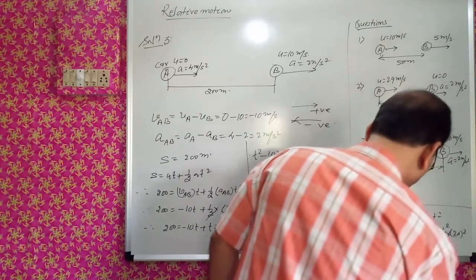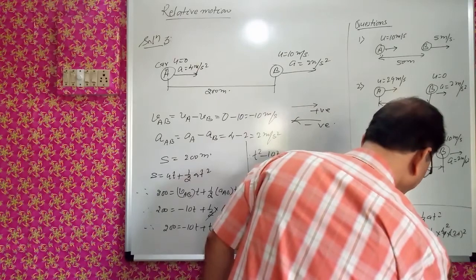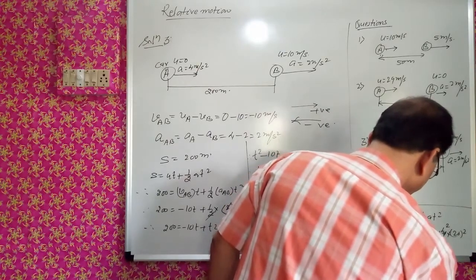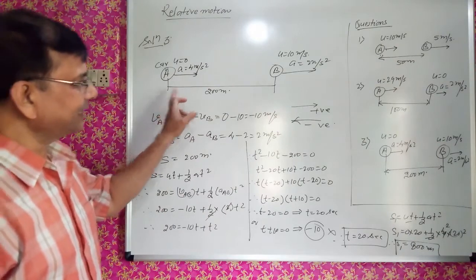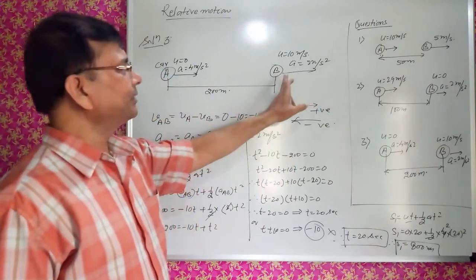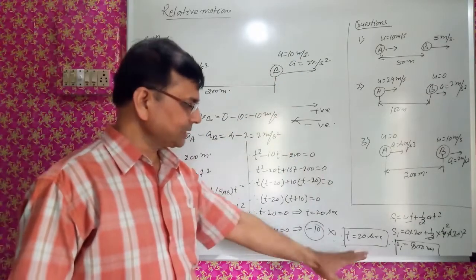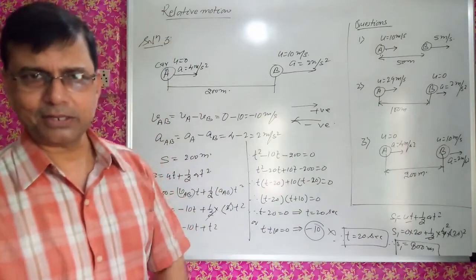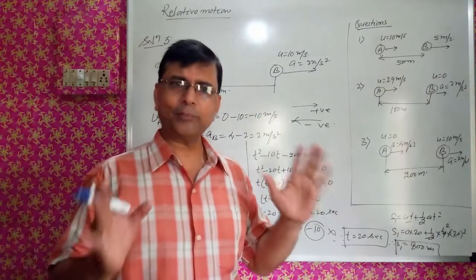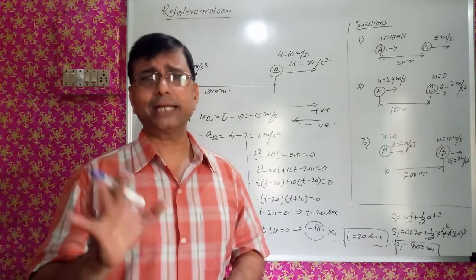So 2 times 2 will go. Therefore S1 is equal to 800 meters. So A will travel a distance of 800 meters, then only it will catch B. And to travel that much distance, how much time will it take? That is 20 seconds. This is the application of relative velocity, and any kind of problem you can solve very comfortably, easily using the relative velocity concept.